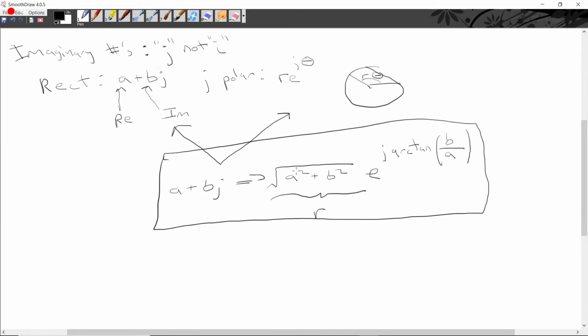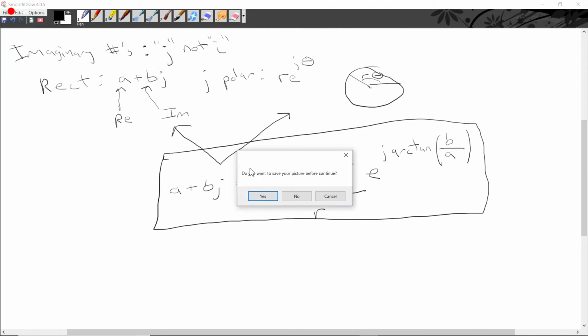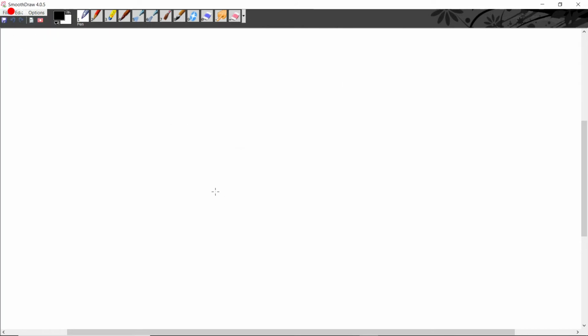What are some of the other ones we need to know? Well, here, let me start a new page. Perhaps the most important formula when working with complex numbers is Euler's formula. If we have any e to the j theta, we know that e to the j theta actually turns out to be equivalent to cosine theta plus j sine theta.